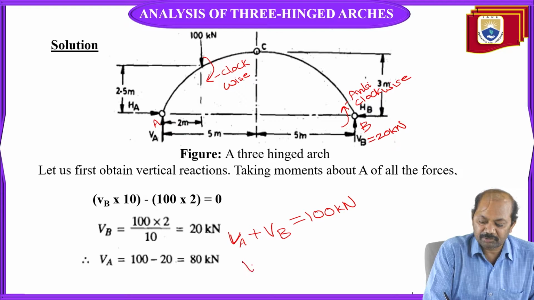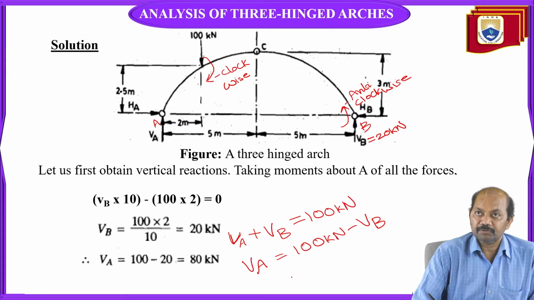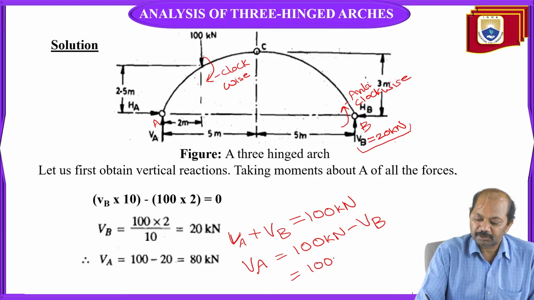Now VA is equal to 100 kilonewtons minus VB. We already know VB is 20. So 100 kilonewtons minus 20 kilonewtons gives 80 kilonewtons.